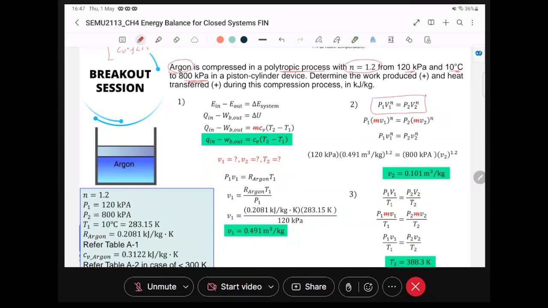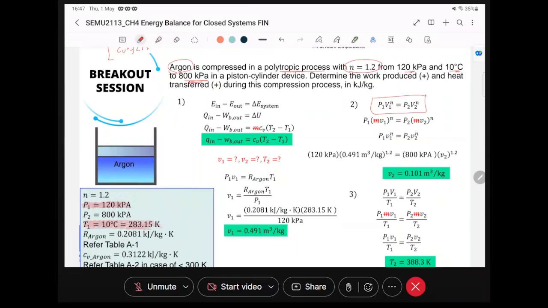So state 1: P1 is 120 kilopascal, temperature 10 degrees Celsius. To make it easier, change it to Kelvin, because the equation sometimes uses Kelvin to calculate.